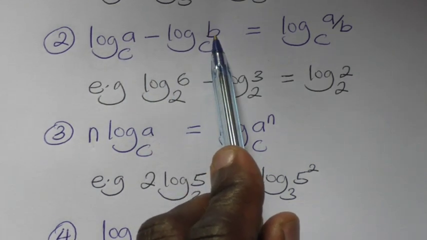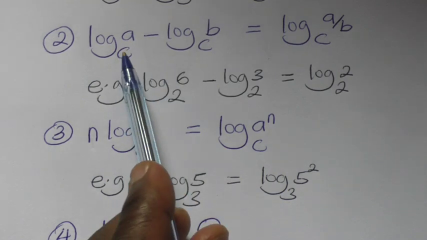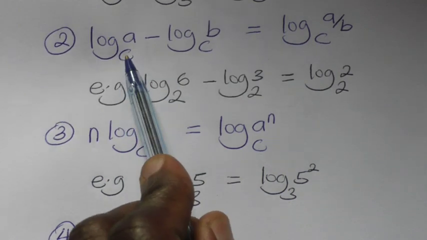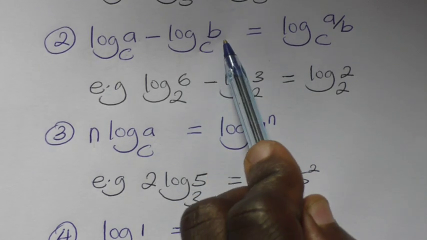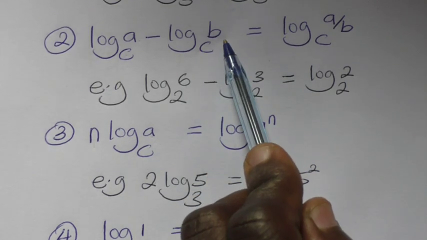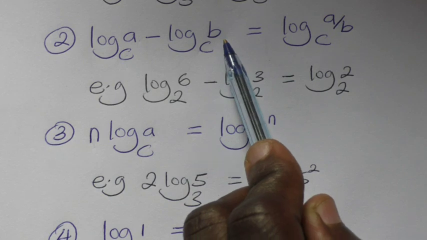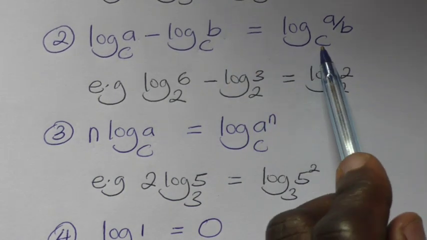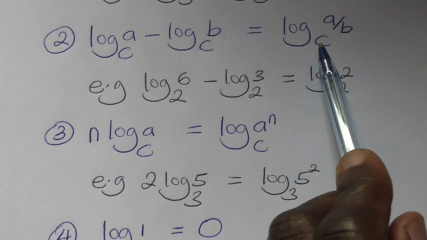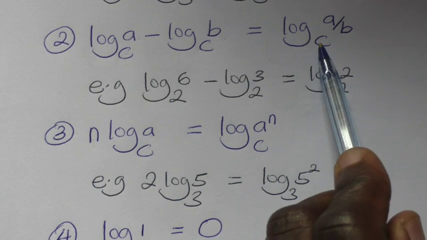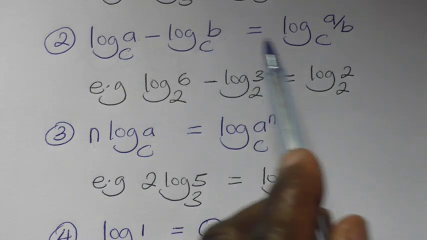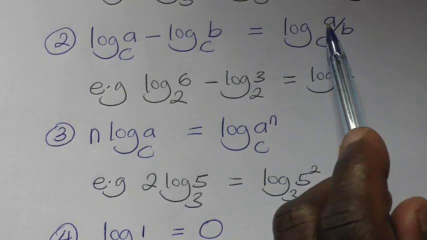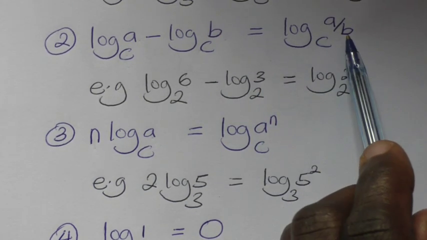That is to say, I have log c power a minus log c power b. So to simplify this, I simply take one of the logarithms, since they are the same, that is log c. Then I divide the first power by the second power to end up with log c a over b.